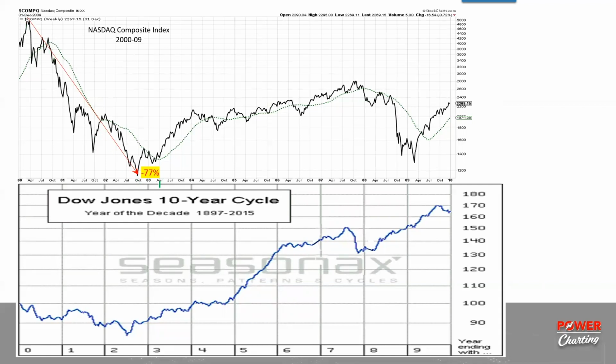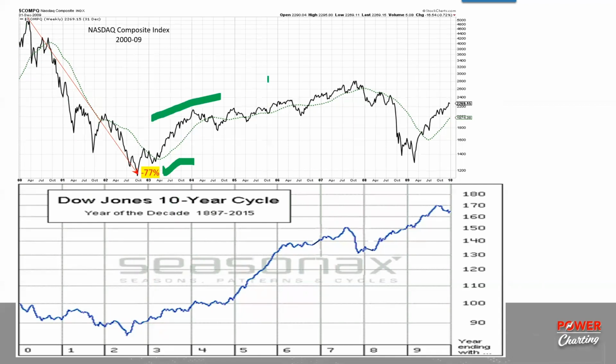Very important decline. Look at the 77% decline in the Nasdaq Composite Index after the top is put in the 0, 1, and 2 years of the new decade. Wow. So the 0, 1, and 2 years are very important for us to focus on.